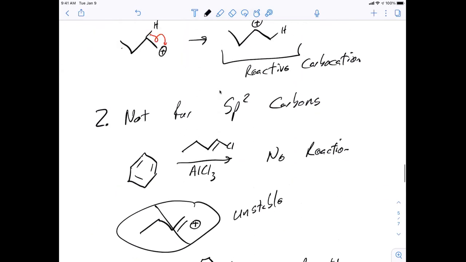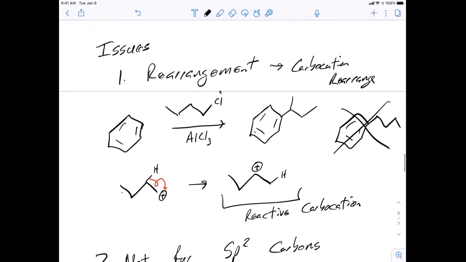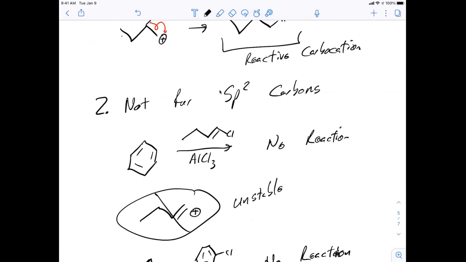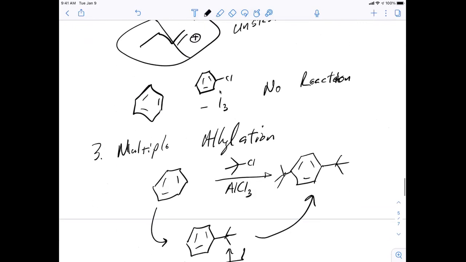Okay, so let's go back and look at this. The first one is we're always going to end up with rearrangements because we're going through a carbocation. So there are some side groups that we just can't attach by Friedel-Crafts alkylation. We can't add sp2 carbons because sp2 carbons won't create the carbocation, so that will not work.